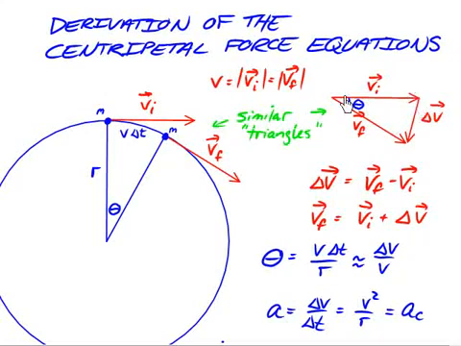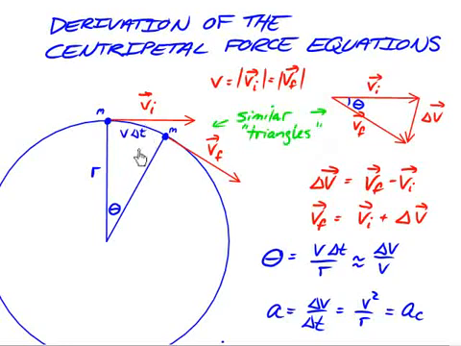Now, in our diagram, notice that we have the same theta between the two lines forming the long sides of our triangles. And so these two triangles are similar triangles. I have quotes here around the word triangle because of this curved edge.